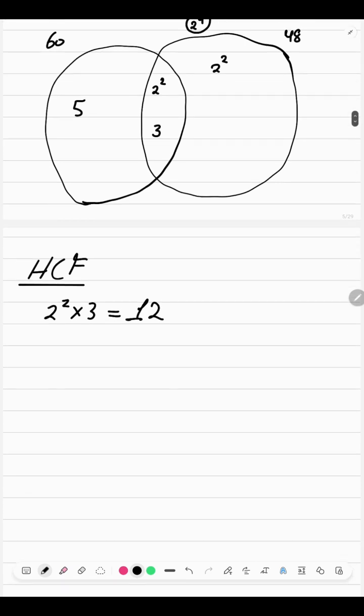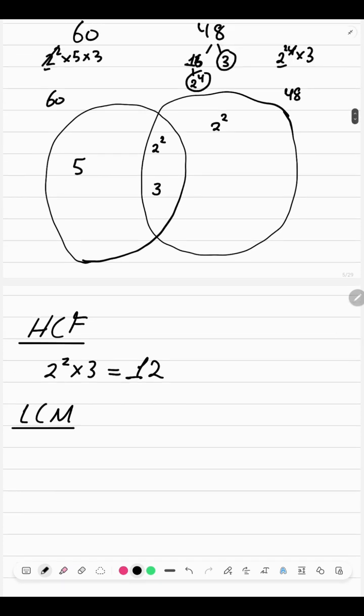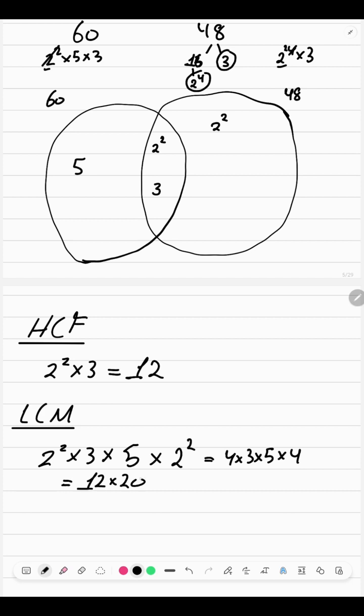And then the lowest common multiple would be all of the numbers that you can see in front of you. So that would be 2 squared times 3 times 5 times 2 squared again, which is 4 times 3 times 5 times 4 equals 12 times 20, which is 240.